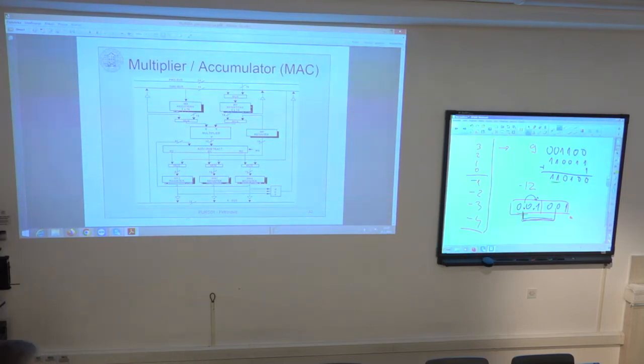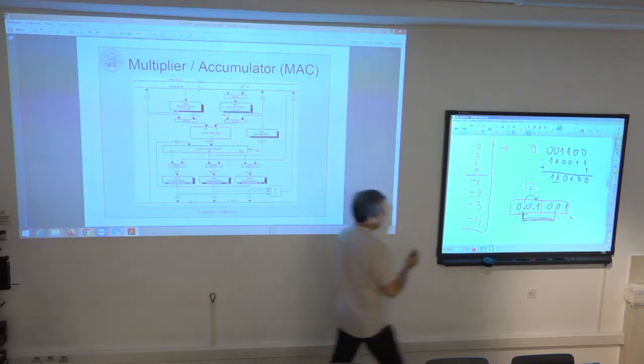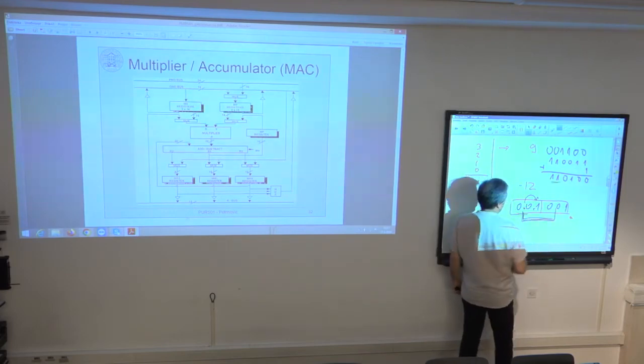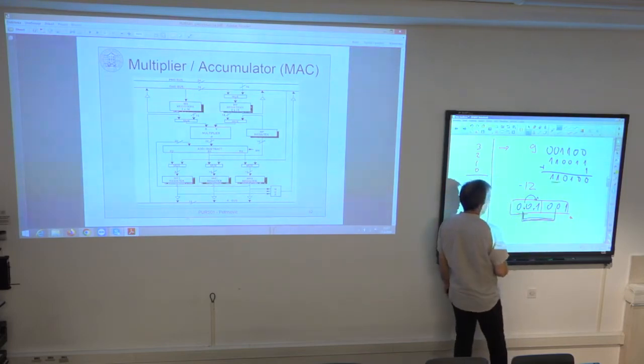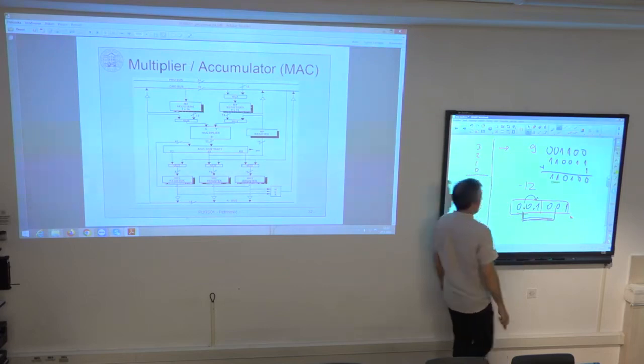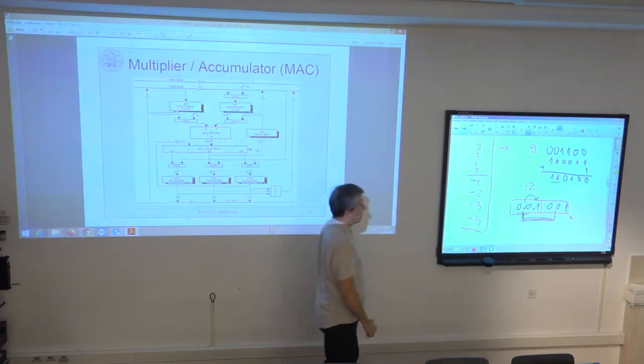Okay, so if I want to take this upper word, I use this fractional mode, which means it will be left shifted by one position. It means I would get exactly the desired value as the output.